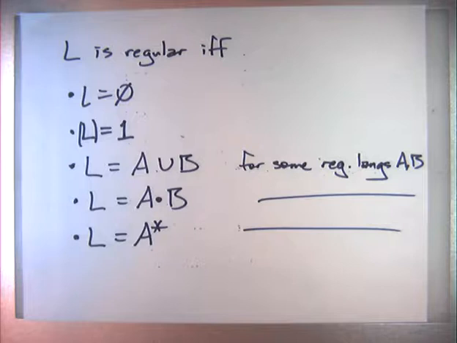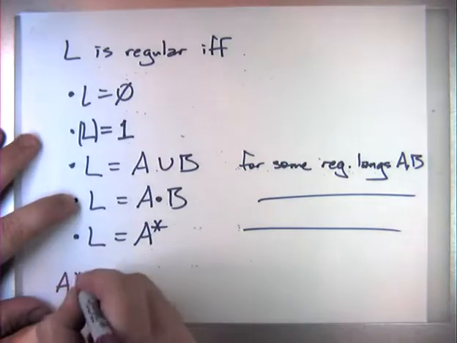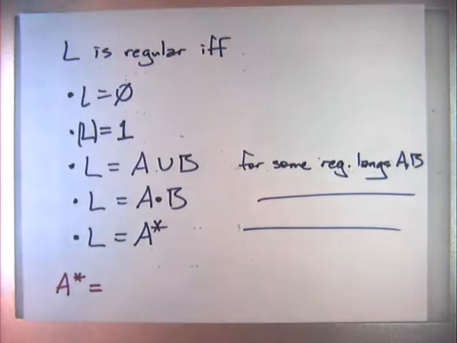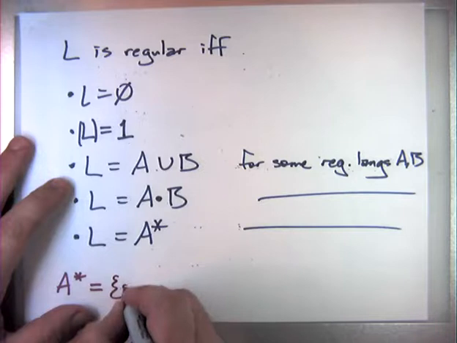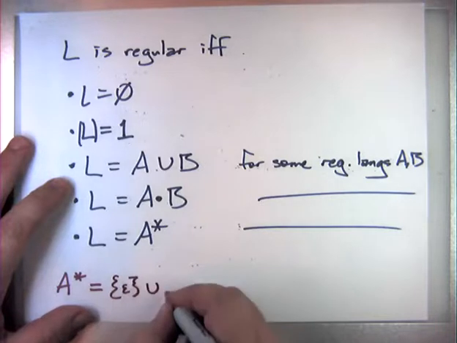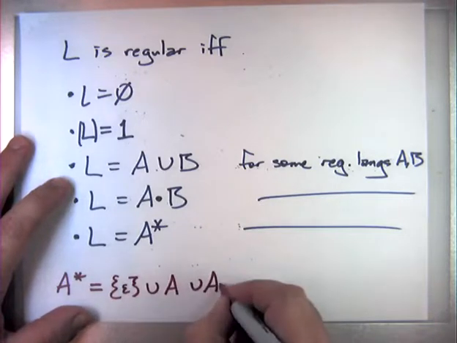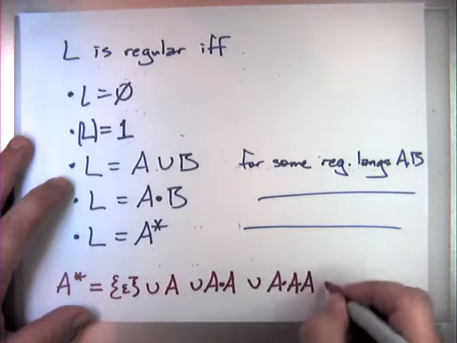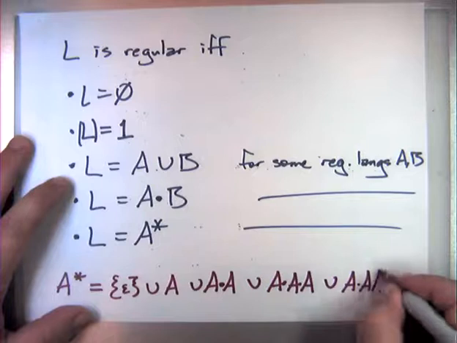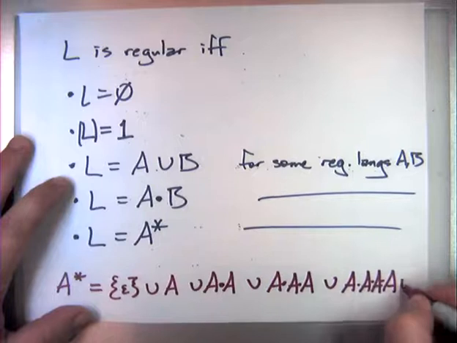And one of the bits of confusion is if you look at the definition of the Kleene star, well, it's the set containing the empty string, union A, union A dot A, union A dot A dot A, union, and so on.